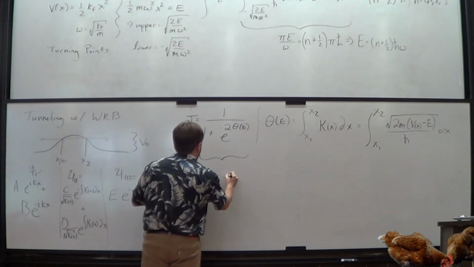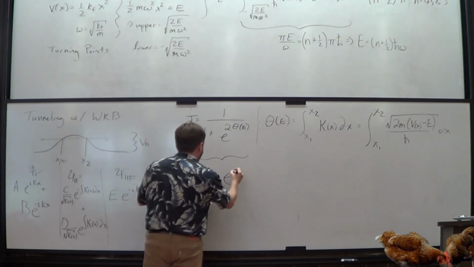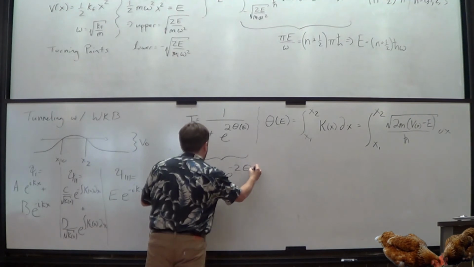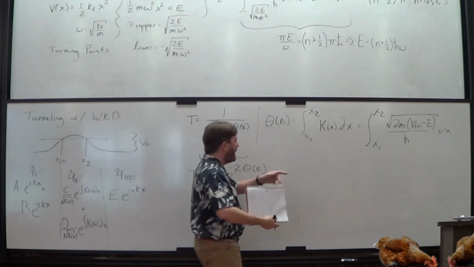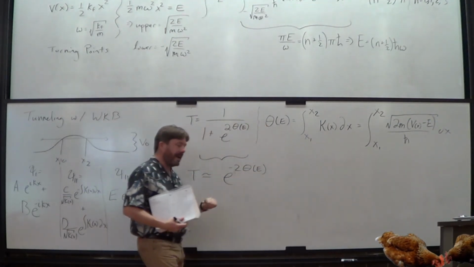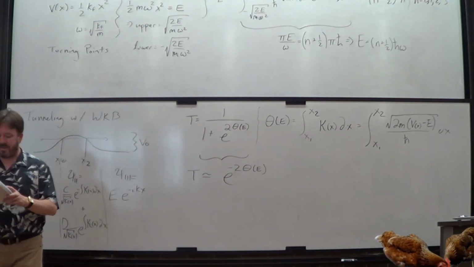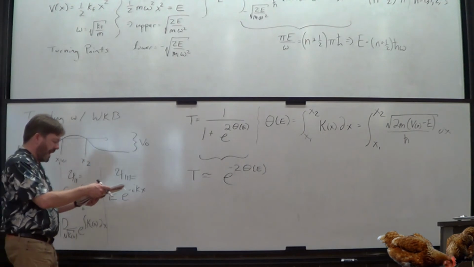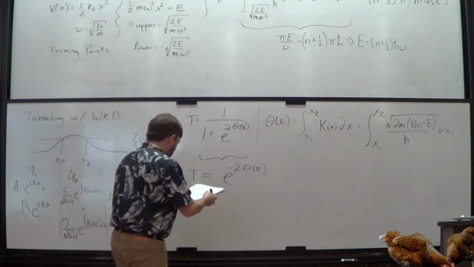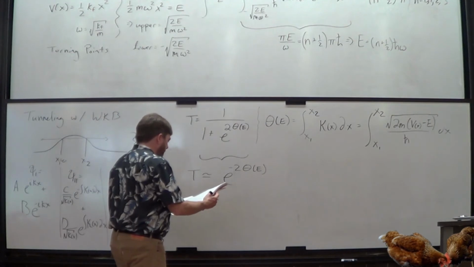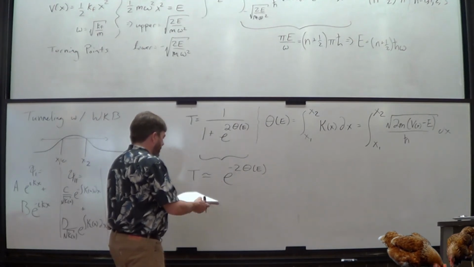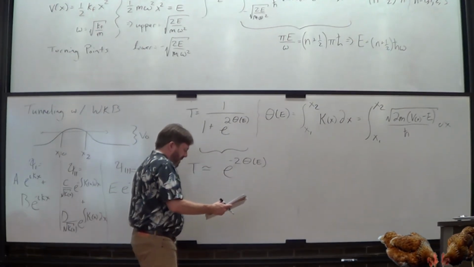I know how to solve for an approximation to this, which is e to the minus 2 times our phase function, our integrated k function. This guy I can solve for. I looked it up. Okay. Now, I'm going to need a new board. We'll work this.